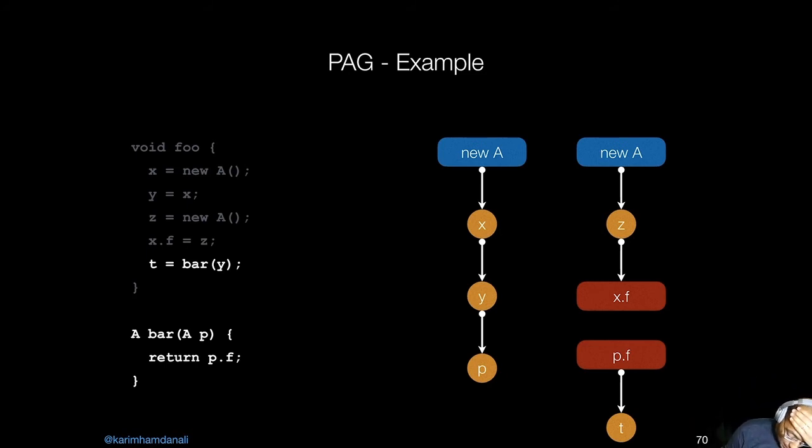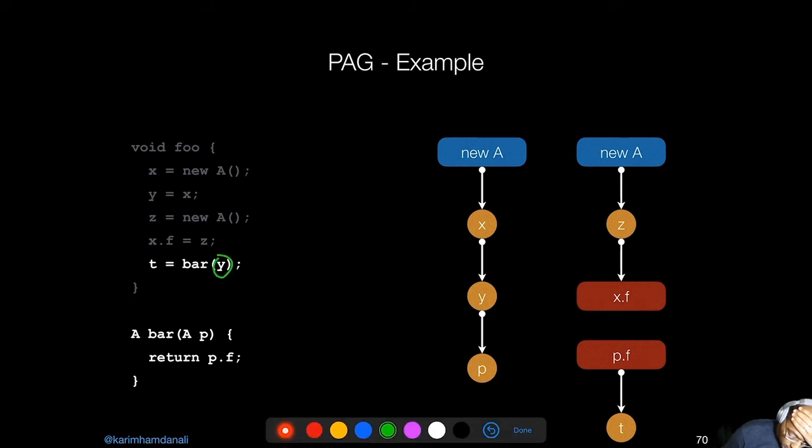The first thing that happens when you call a method is that y implicitly is being assigned to that P here, right? So when you call a method, you have your actual argument, you're passing it along. What does that mean? It means that the formal argument of the method will be assigned the value of the actual argument.